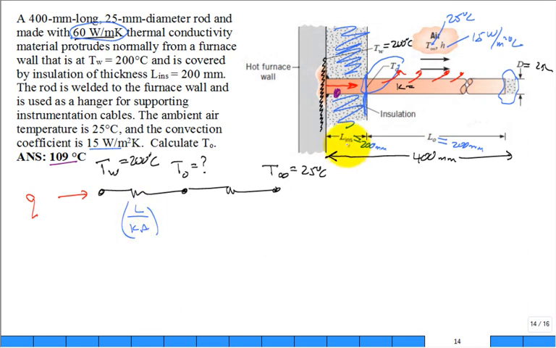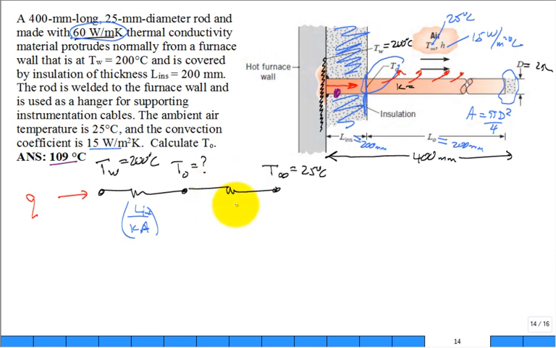That L is my L of the insulation. Thermal conductivity and the cross-sectional area. The area is pi d squared over 4. No problems on that.